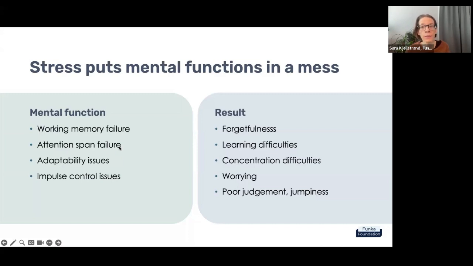It's more difficult to become flexible and to adjust to a new situation. And that could lead to worry, for example, about new situations or about the situation you are in, or also to poor judgment and jumpiness and low impulse control.